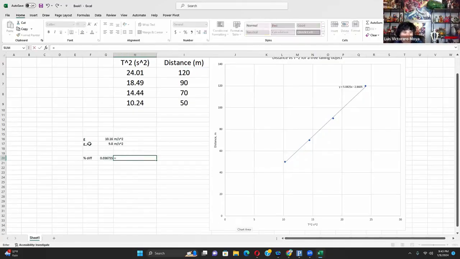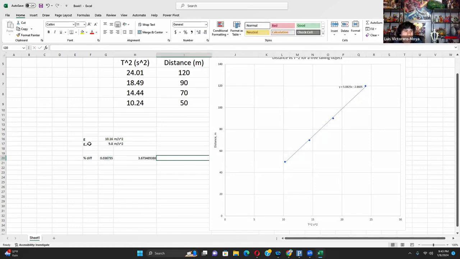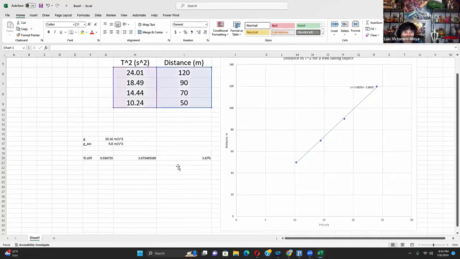And then I multiply this value by 100%, and I get 3.67, right? 3.67% difference, percentage difference. So that's what you have to do.